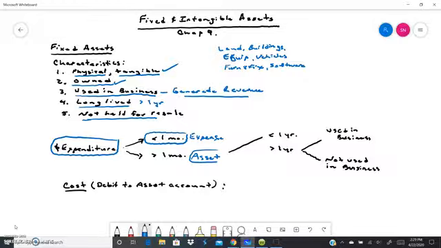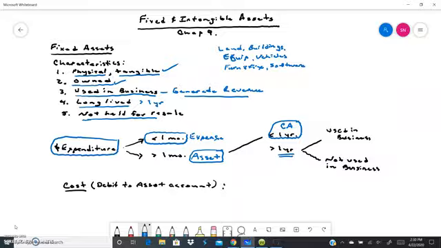And again, that's nothing new. We've been talking about that since chapter 1. So now we know we have an asset. The question is, is it less than a year or greater than a year? Less than a year would be a short-lived asset, and this would really be just a current asset. So we're talking about, let's say, prepaid insurance, prepaid rent, accounts receivable, supplies. Typically those are consumed within a year, and so what we have is really a current asset. So we're really looking at things that are over a year, which are a long-lived asset.